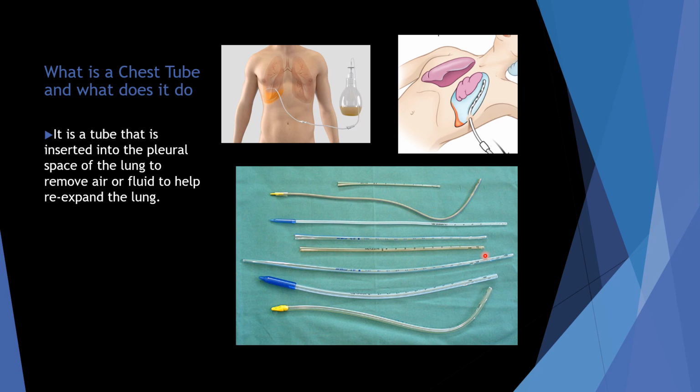The average chest tube you're going to see within the ICU is going to be these two right here. These are very large bore chest tubes, about the diameter of your finger, and about 15 to 16 inches long, about 30 to 40 centimeters.